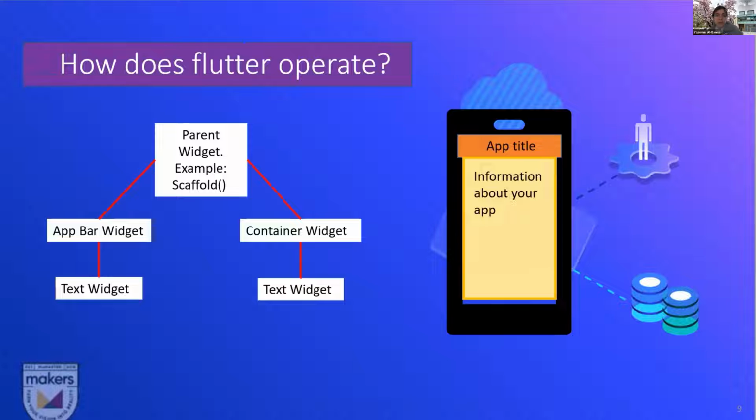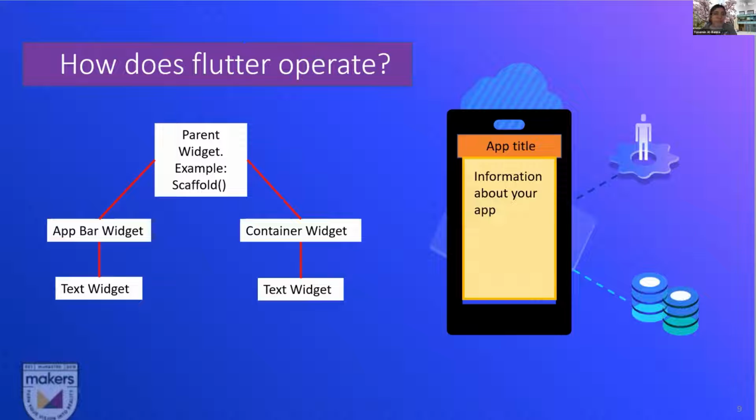All right, so how does Flutter operate? Remember how I said usually you have parent widgets, and those parent widgets have other widgets inside of them that hold other things. An example of this is the scaffold widget from the earlier example. The scaffold widget in this case, you can think of as the entire screen of our virtual phone that you see on the right side of the slide.